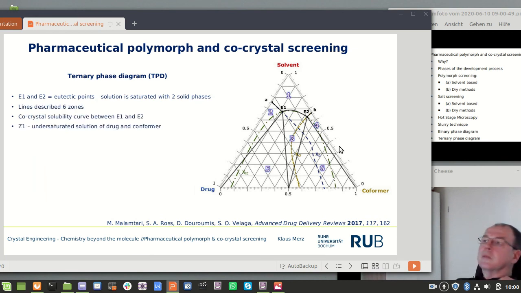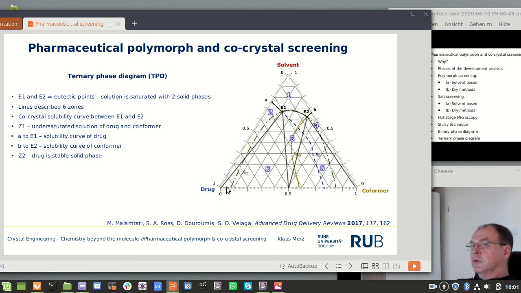So now have a look at these different zones. This is zone 1, an unsaturated solution of drug and co-former. What we see here is the line A to E1, to the eutectic point, the solubility curve of the drug, and from B to E2, the solubility curve of the co-former.